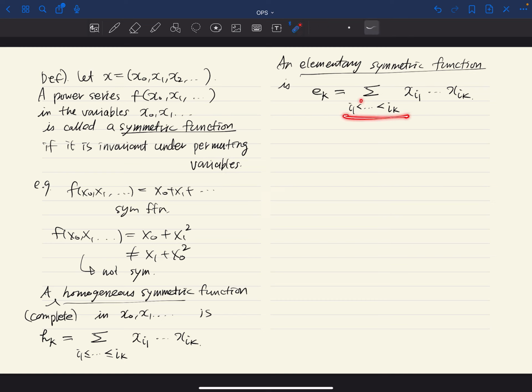So they must be all distinct. So you select k distinct variables and then you multiply them all. And then you add all possible ways of doing this. Okay?